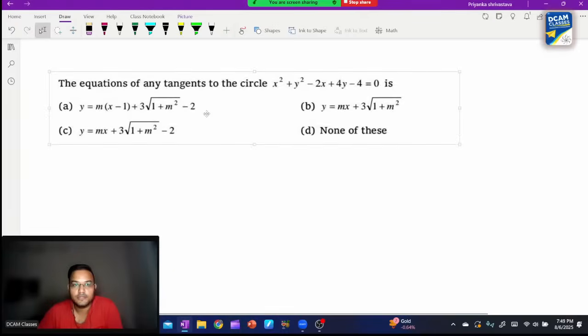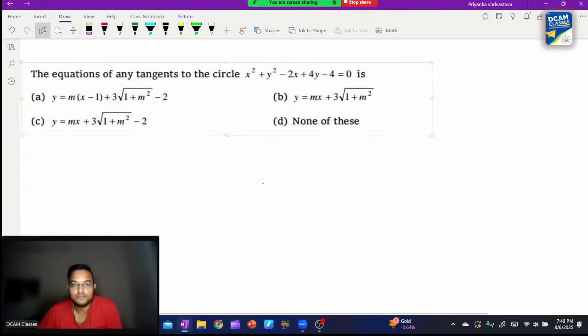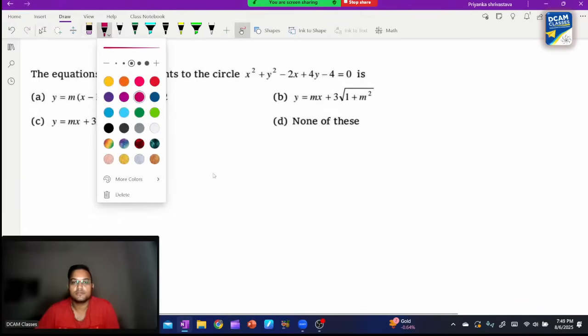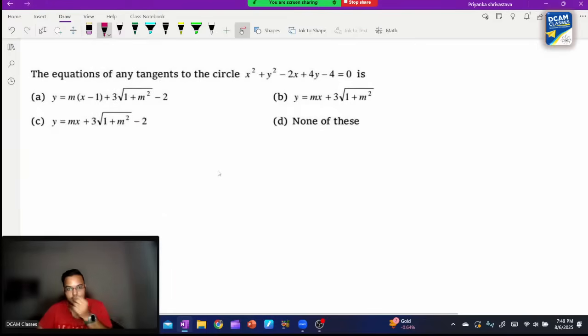So try solving this one. This is a bit tricky, but let me see whether you can do it or not. Because using this, we can arrive at a general result also. Just try to solve this question.